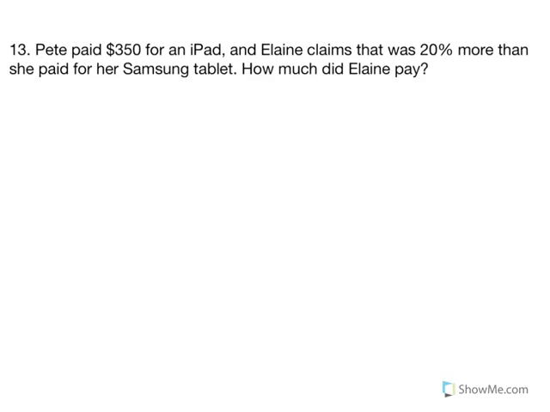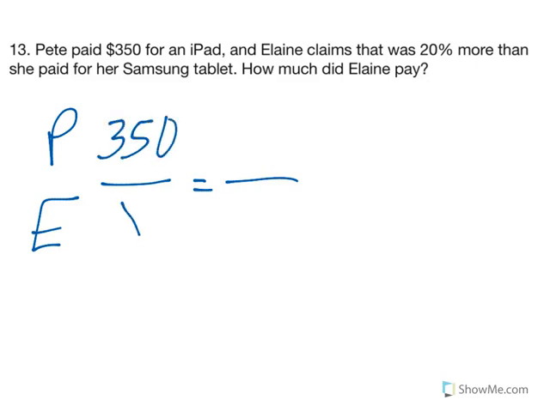13, Pete and Elaine. I'm going to start there. Pete paid $350 for an iPad. Well, he paid $350. What did Elaine pay? We don't know. So let's talk about the percentages. Elaine claims that was, so what Pete paid, that line is 20% more.